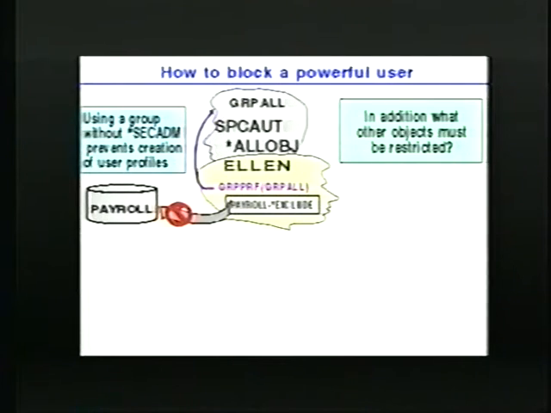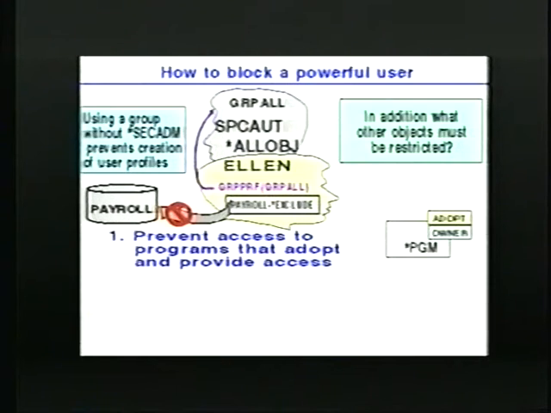Well, we have to ask, what other methods might Ellen use, because Ellen's a very clever user, to get access to the payroll file? We might have to block access to other functions. One of the things we're going to have to keep Ellen from doing is, if there are any programs that adopt their owner's access that access the payroll file, Ellen has access to those programs. We would have to block access to every program that adopts.